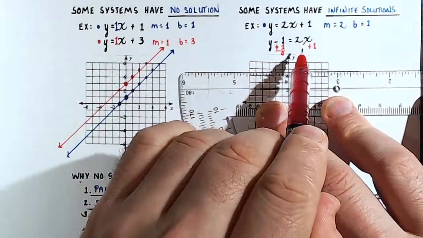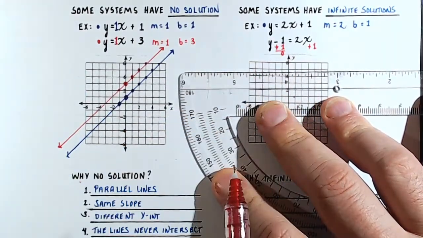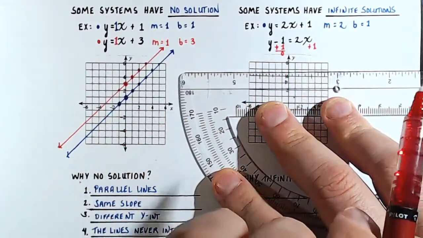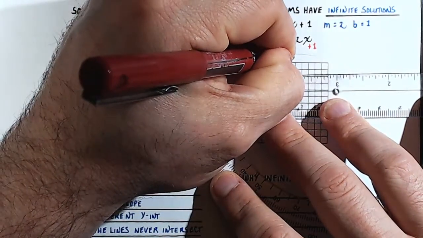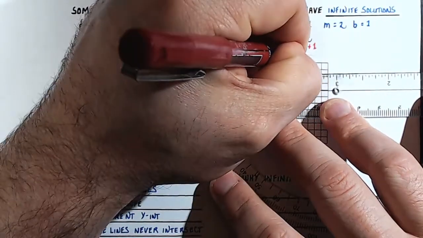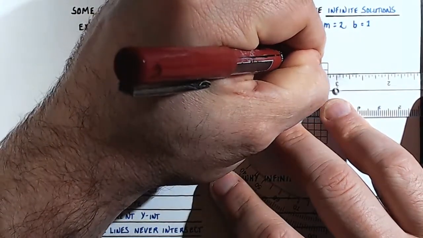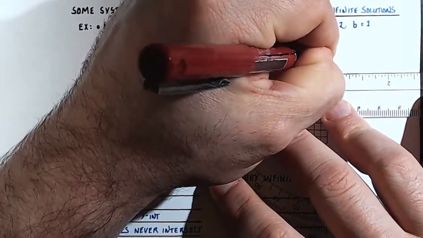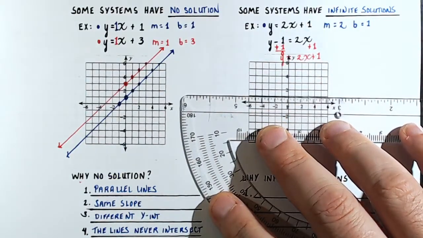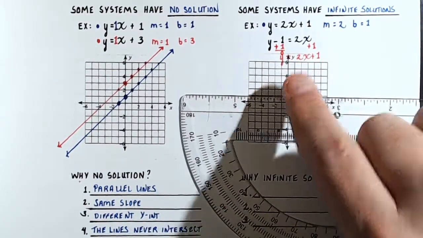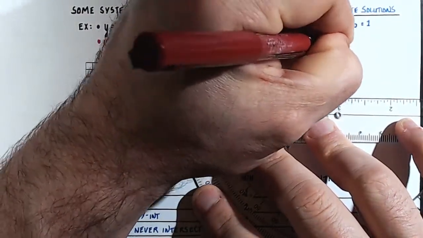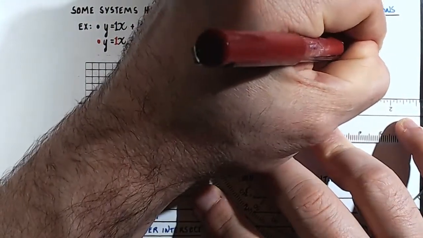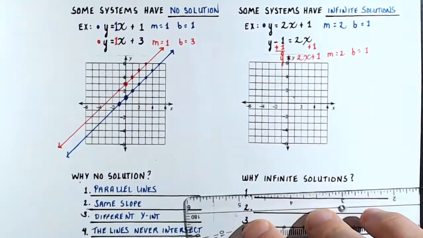And on the right side of the equation, I can't mix those at all, so it's 2x plus 1. So now y equals 2x plus 1. So m equals 2 and b equals 1. Let's graph these lines.